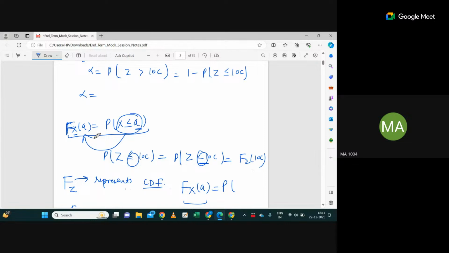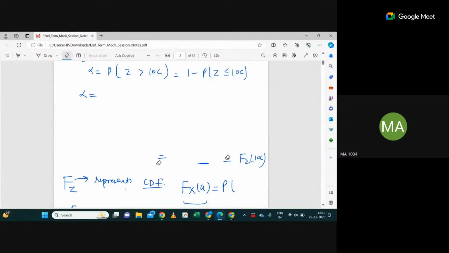This is the definition of CDF. Understood? Now, this is the same as probability X less than A if it's continuous, because in the case of continuous, probability at a single point doesn't matter, it is 0 actually. Got it? Okay. If it's greater than, I should write it in the form of less than. Okay, just a second.